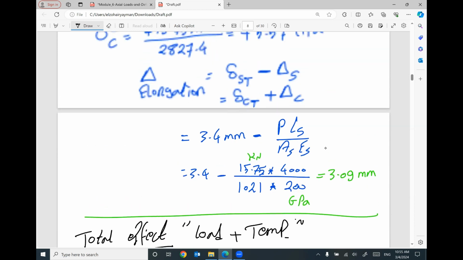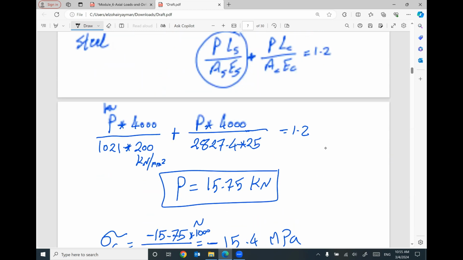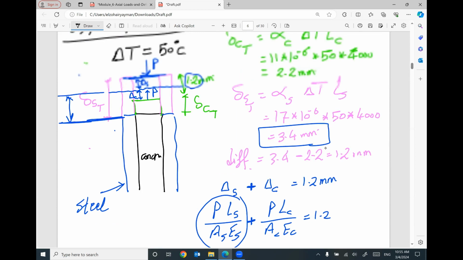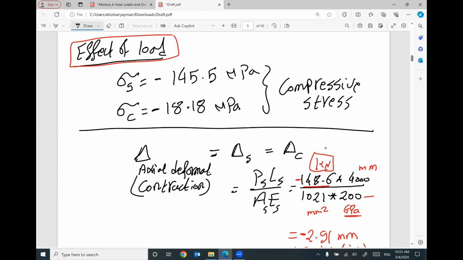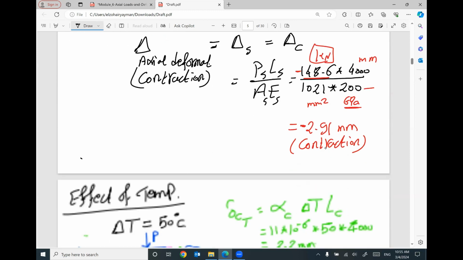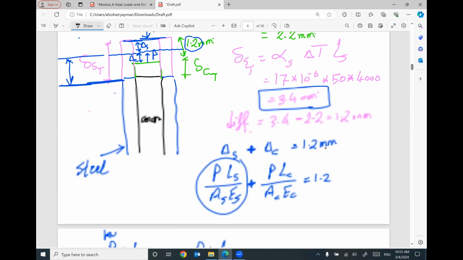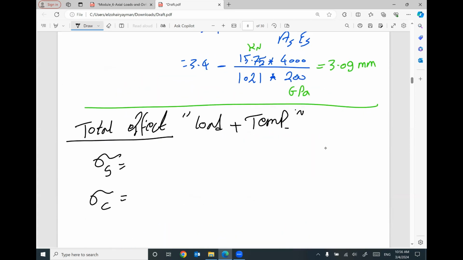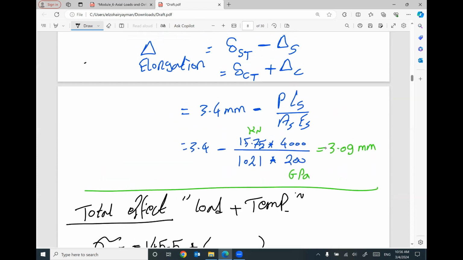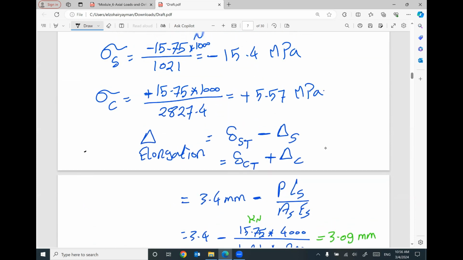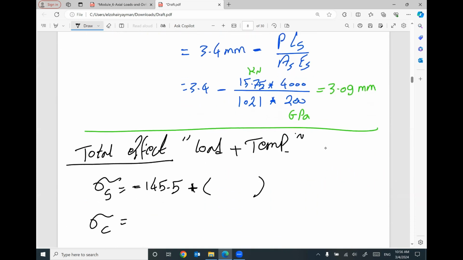For the applied load, the stress in steel was negative 145.5, and the stress in steel due to temperature was negative 15.4.